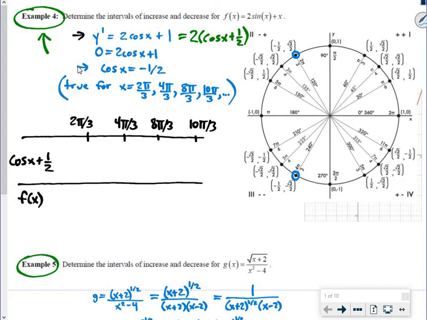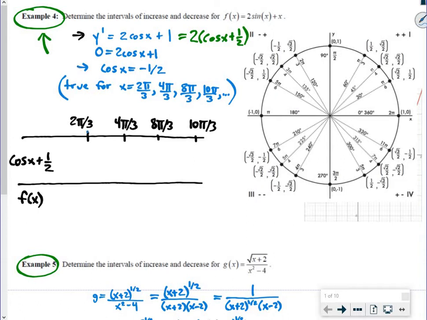And if we go full circle again, beyond, right, continue along to there, it happens again at 8 pi over 3, and then further along still, it would happen again at 10 pi over 3, and so on, right? Okay. So those are our two boundaries in one full circle.